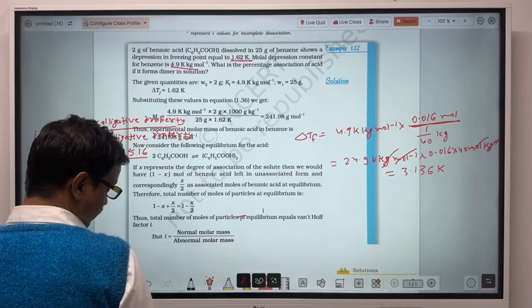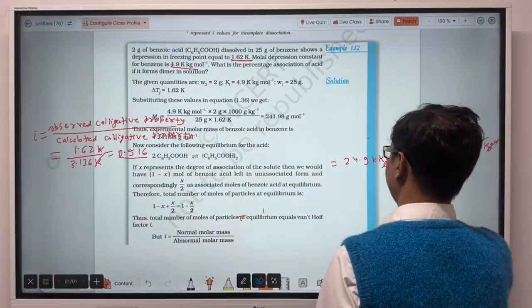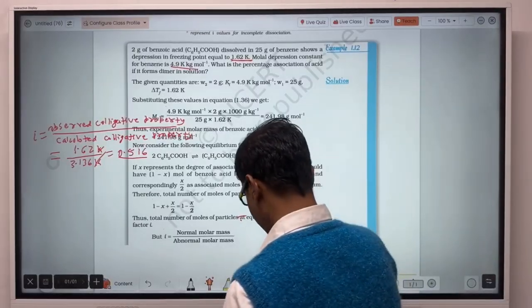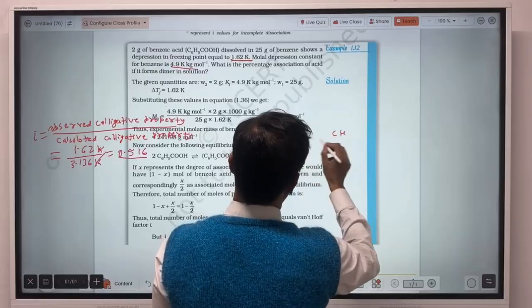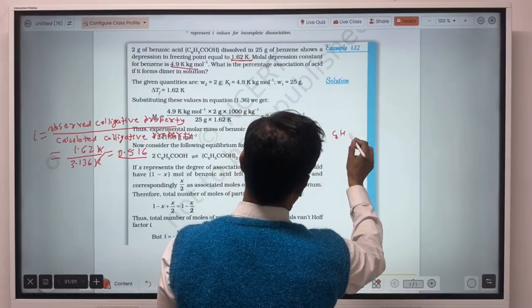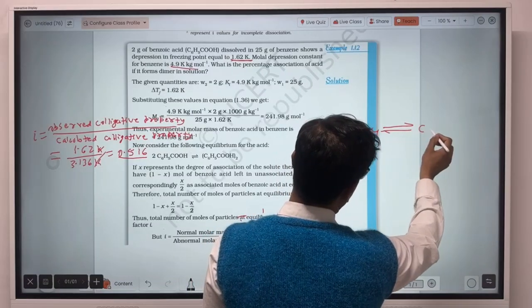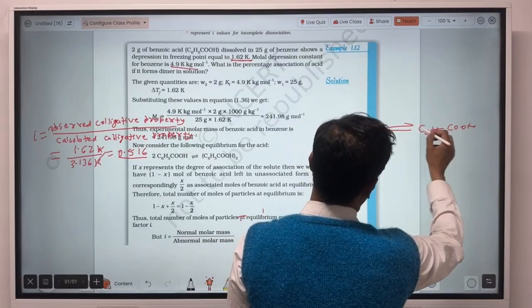By considering the association of particles, we will compare the van't Hoff factor by considering the association of benzoic acid. Benzoic acid, C6H5COOH, is associated to form (C6H5COOH) whole twice.